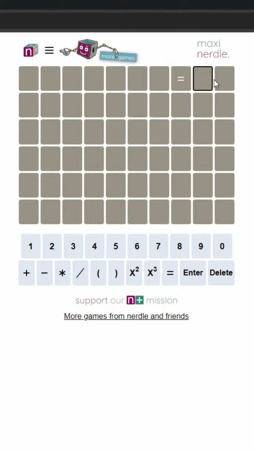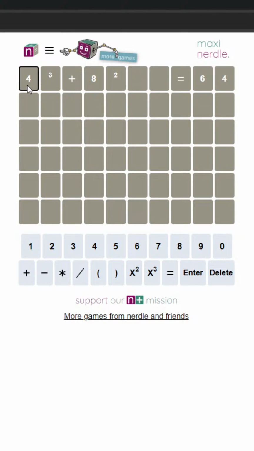We have 7 to work with, and we'll just say 64. We'll do 8 squared plus 7 squared. No need to overcomplicate it. 8 squared plus, we'll do times, okay, no. Let's try 4 cubed plus 8 squared.